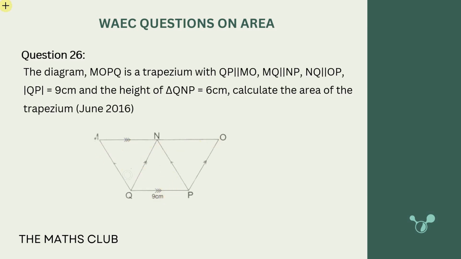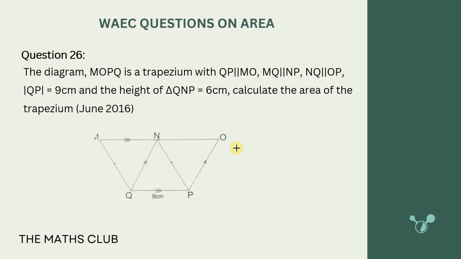MQ is parallel to NQ. NQ, this one arrow and this one arrow, so they're parallel to each other. NQ is parallel to OP, see these two arrows, so they're parallel to each other. And QP is 9 centimeter, and the height of triangle QNP is 6 centimeter. Calculate the area of the trapezium.